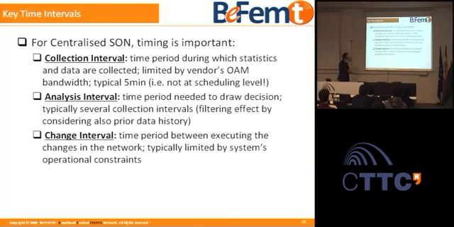And then the change interval is the one which allows you to change parameters every now and then. One change interval, which could be almost like the analysis interval, is maybe a load balancing issue. You decide that cell load has to be offloaded from this cell to this cell. This can be executed very quickly.